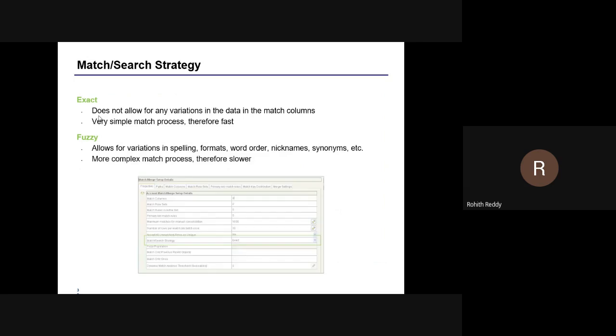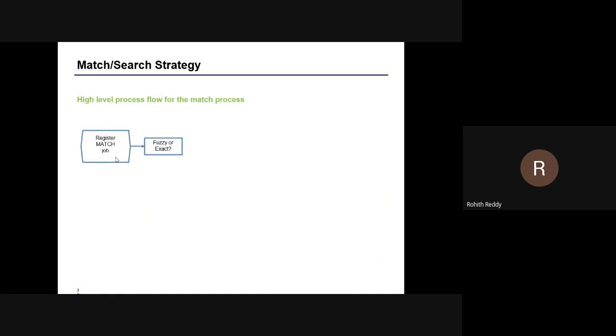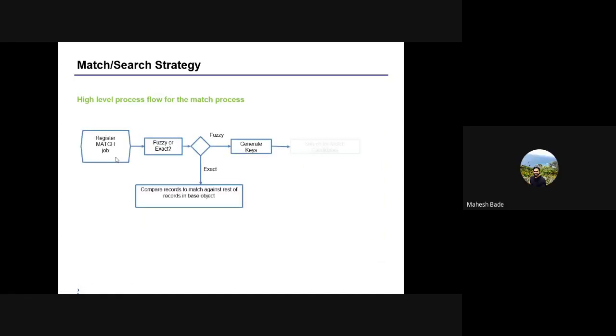So I told you, right, exact, fuzzy. Here we have two strategies, exact and fuzzy. I have explained this. In projects, do we implement both strategies? I will tell you, okay?